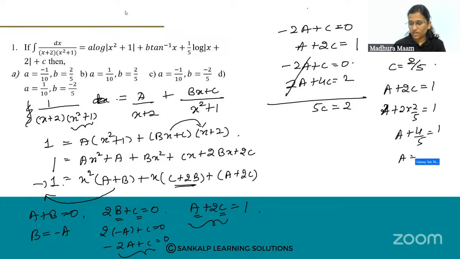Or if you shift to the other side, 1 minus 4/5. LCM 5, which will give you 1/5. We got a, and b we can also get. b is minus a, so this is minus 1/5. So a is 1/5, b is minus 1/5, and c is 2/5. Any doubts to anyone till here?